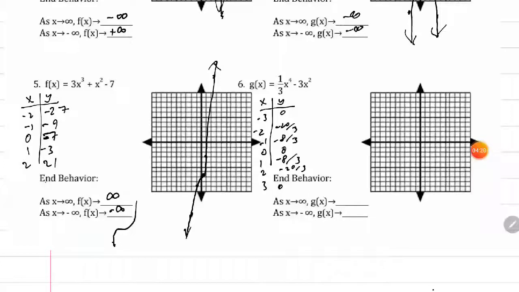To just show you the overall picture of what this kind of looks like. So we have 0, 0, we have negative 3, 0, and we have positive 3, 0. Negative 20 over 3 is about 6 2/3.